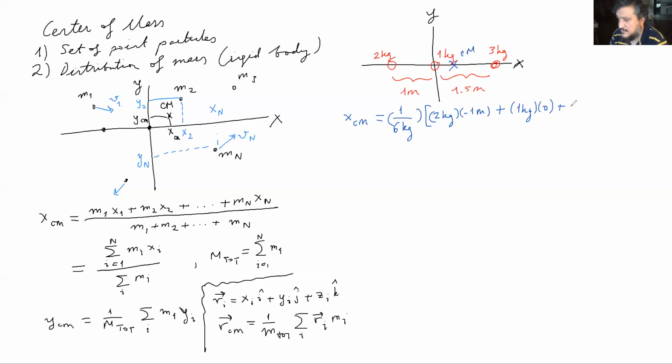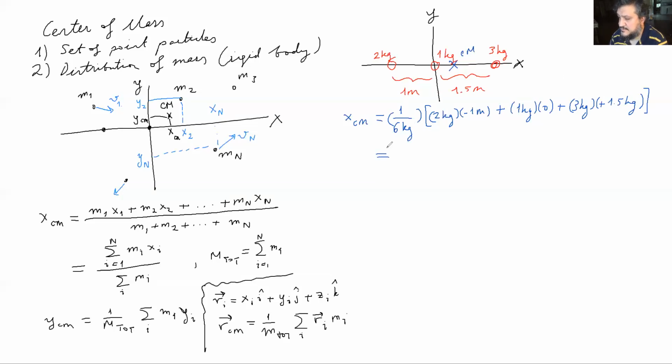And then the 3 kilogram mass is at positive 1.5 meters. All right, so that's how you find your center of mass. Let's find it.